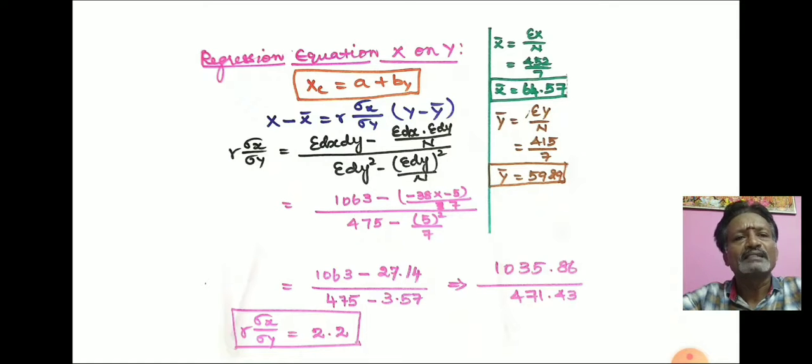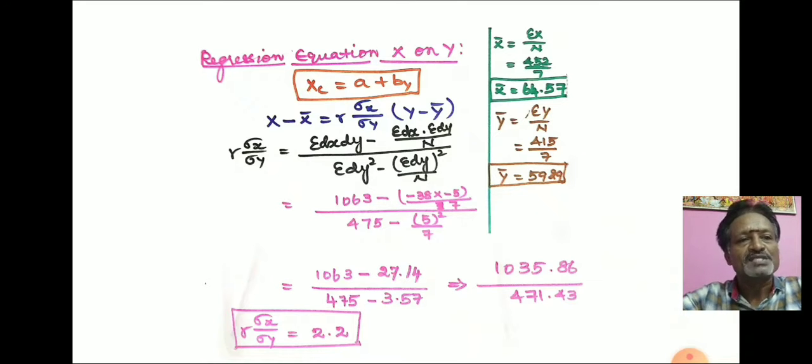So here the regression coefficient x on y, that is r sigma x by sigma y, is calculated by using the formula: r sigma x by sigma y is equal to sigma dx dy minus sigma dx into sigma dy by n, divided by sigma dy square minus sigma dy the whole power 2 by n.